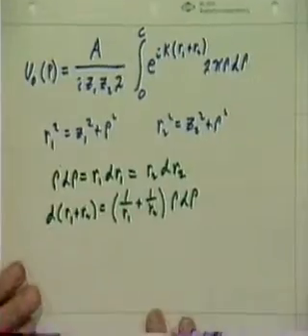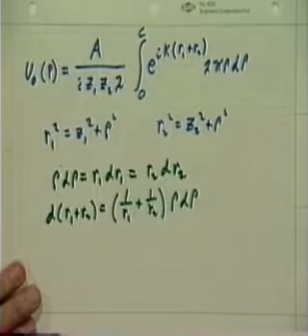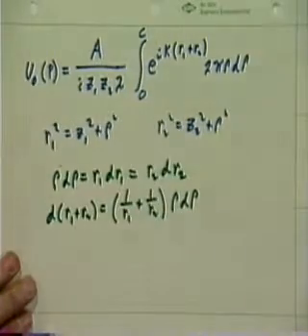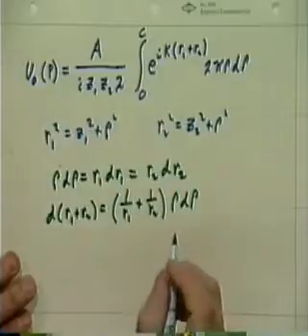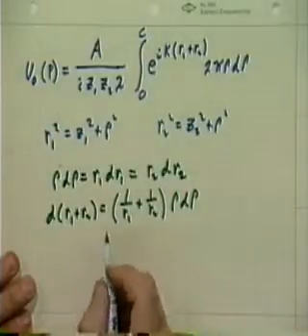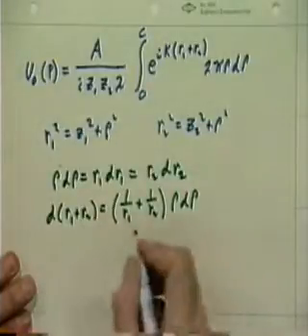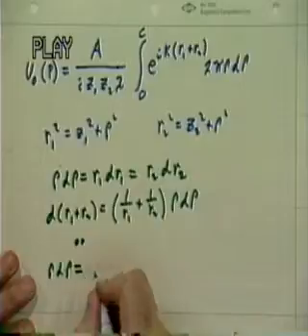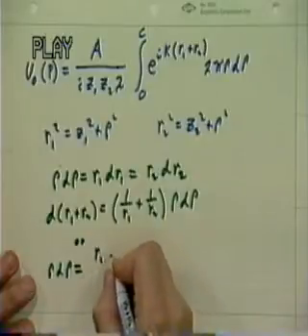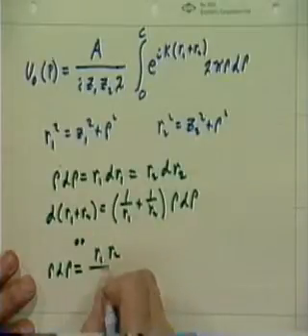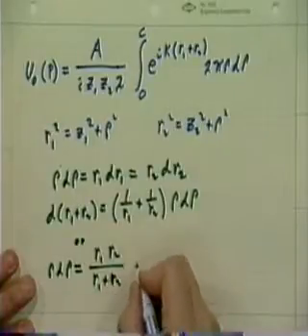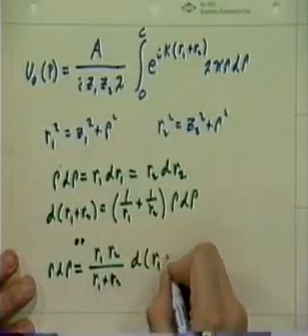Well, I have to play with this a little bit more. I want to get this in a form that we can write down the answer for. So the next thing we could say is that rho d rho is equal to R1 R2 over R1 plus R2 d(R1 plus R2).